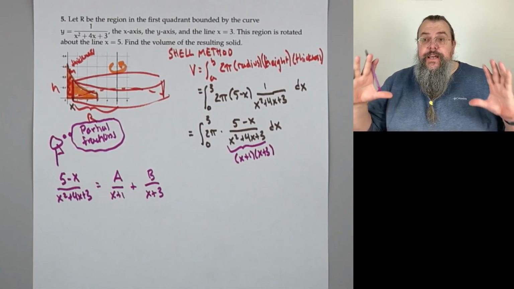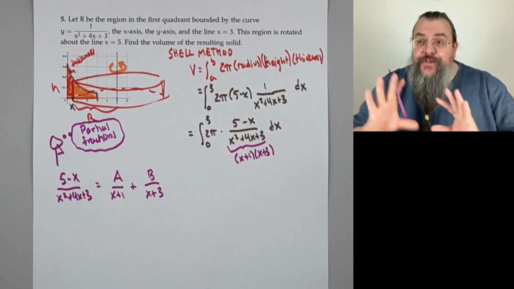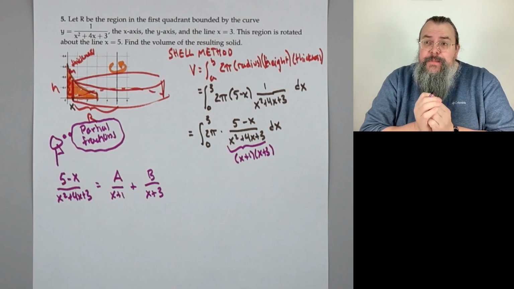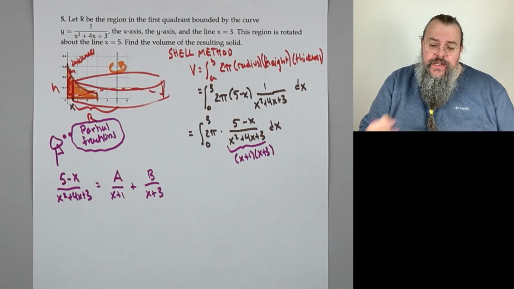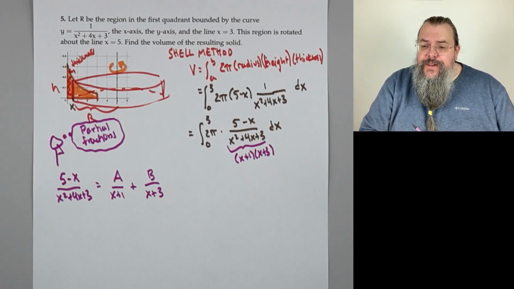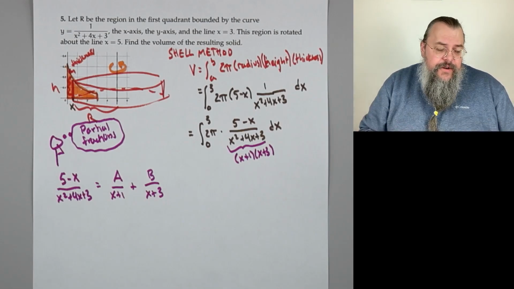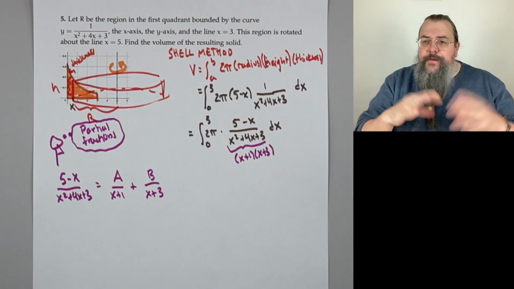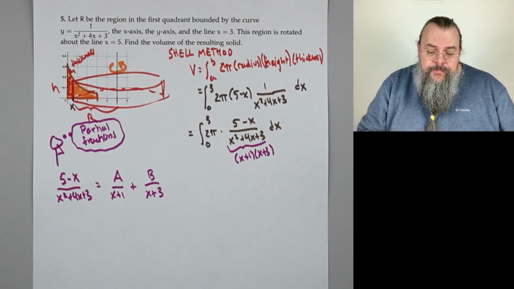Now, I will say, what we just did, I don't want to trivialize it. This is the step where a lot of people struggle with in partial fractions, which is, what's the right format for what the partial fractions should look like? Oftentimes, people are okay with the next things, which are just to say, okay, work it out, solve for A and B, life is good, Bob's your uncle.